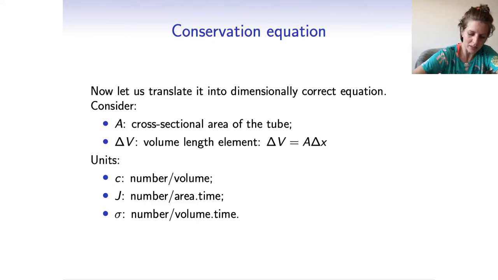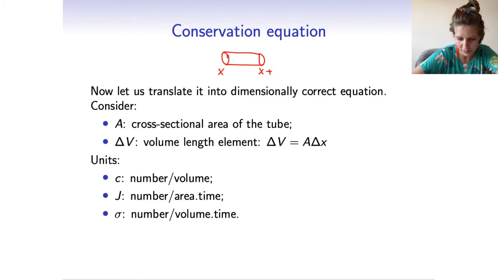If we are on the interval x plus delta x, the volume change in this interval will be A times delta x, because this is the cross-sectional area and the size of this interval is delta x.